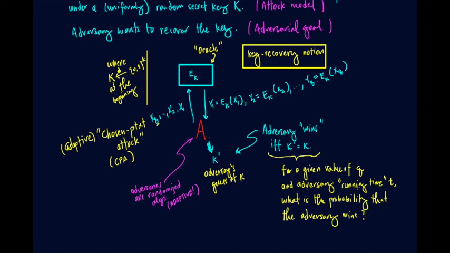We're also going to be concerned about running time, because if the adversary runs for an exponential amount of time, even if Q is small, we've just said that there is an attack which is very likely to win this game. So we'd like to know, for a given value of Q and some amount of running time T, what's the probability that the adversary wins this game? We'll say more about running time. We'll have to make this a bit more formal later, but for right now, this is fine.